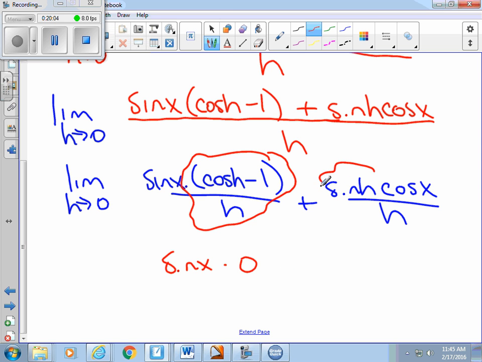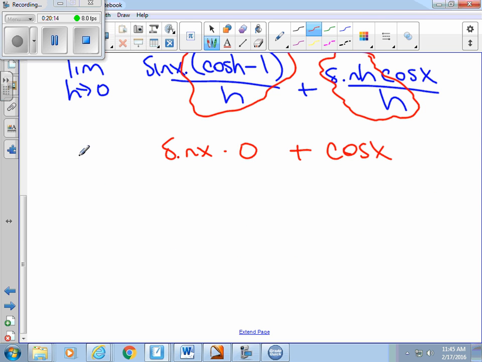What about this limit here? 1. And the cosine of x times 1 is just cosine of x. So it appears that the derivative of sine of x is cosine of x.